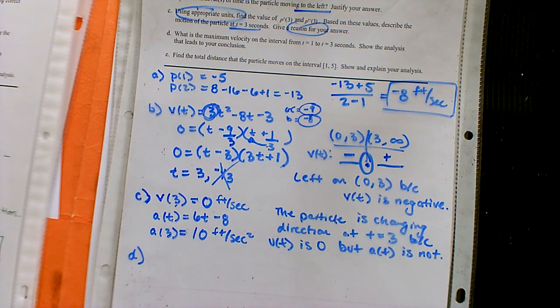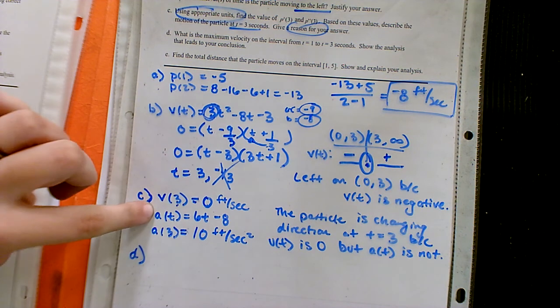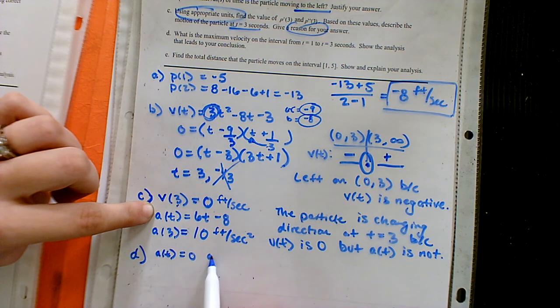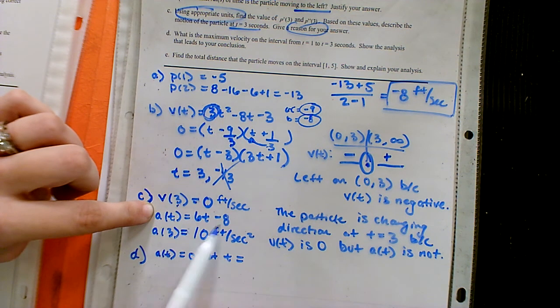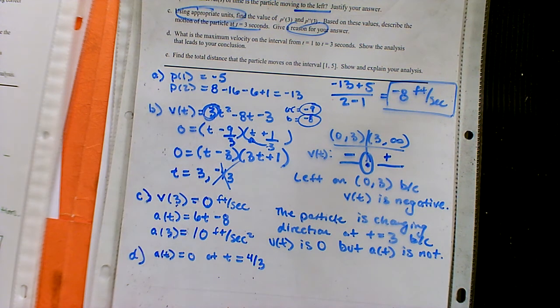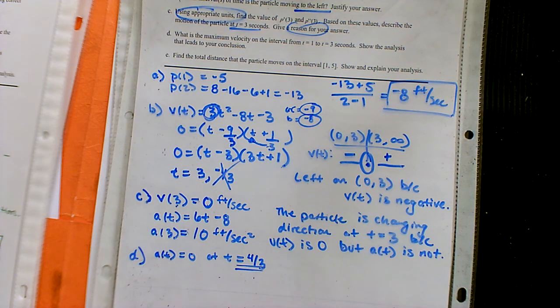So slope of velocity would be acceleration. Can we figure out when acceleration is 0? At what time? Let's see, if we set equal to 0, add the 8, divide by 6, 4/3, okay? So if we're trying to find a maximum, this is a potential spot, right? Because it's a critical point.